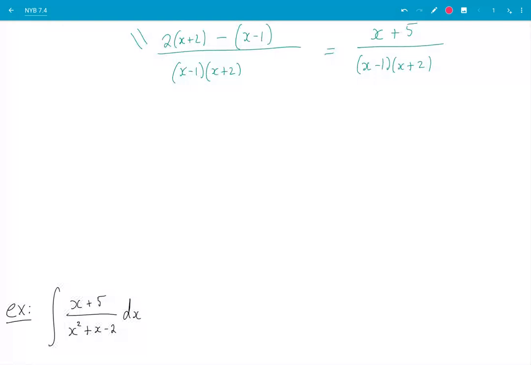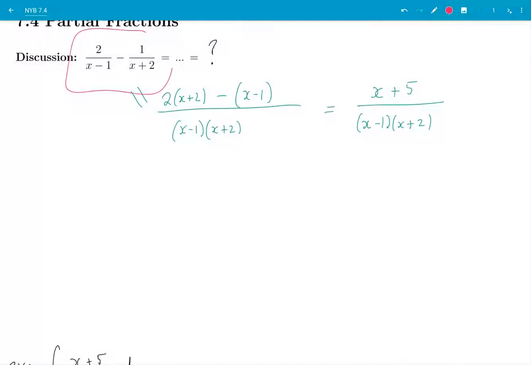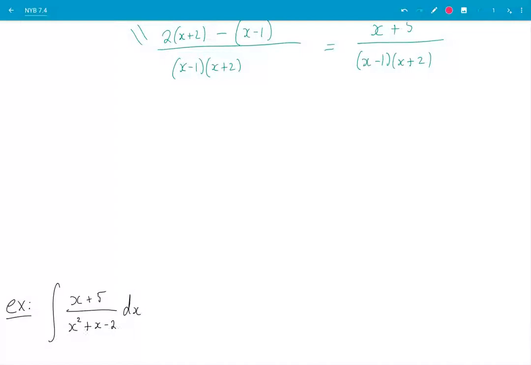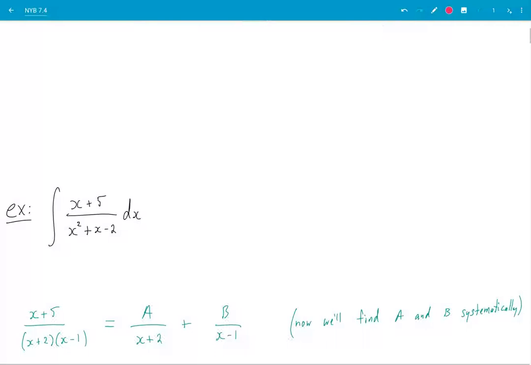Okay, here's my first example, which is actually exactly this guy up here, well, the integral of this guy up here. So I already know how it's going to decompose, but let's go through it to see the systematic method. Okie dokie. So what I want to do is pause and copy if you haven't done so already.